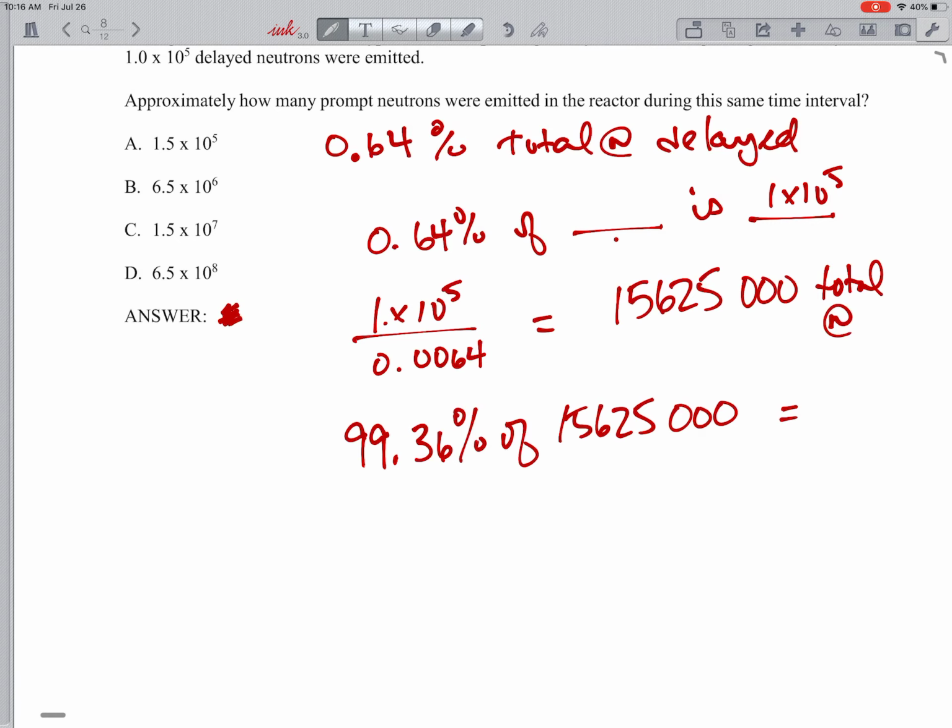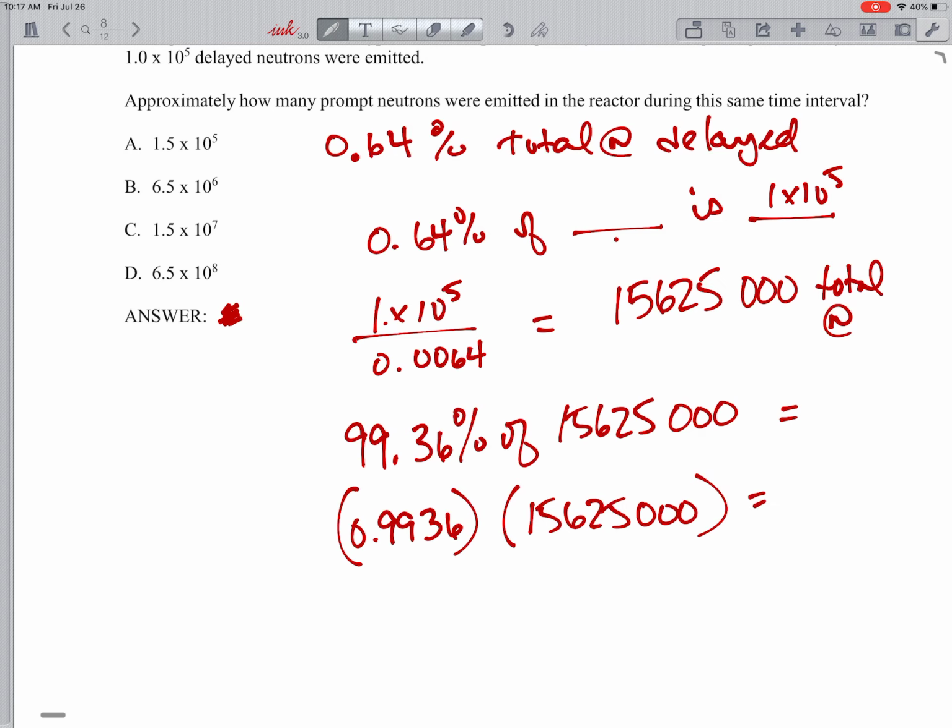So you go 0.9936 times 15,625,000, and that's going to be equal to the number of the prompt neutrons.